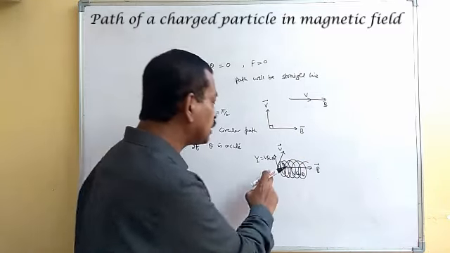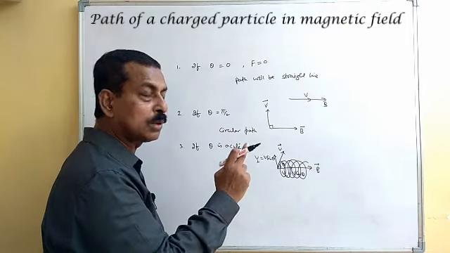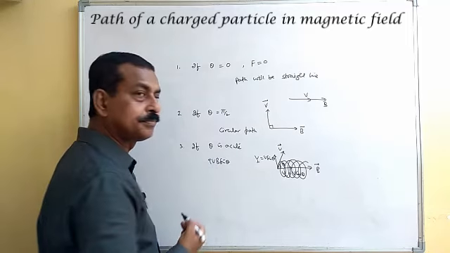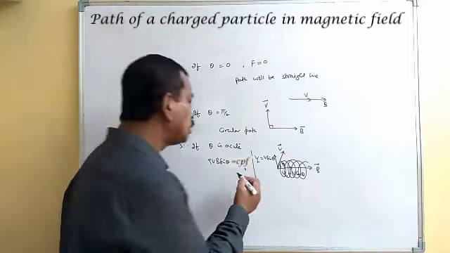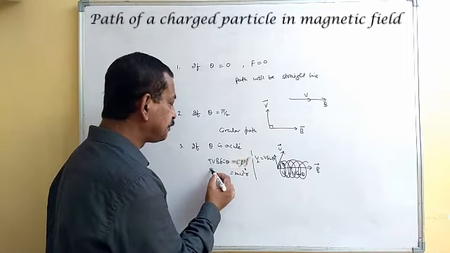So for this, the force which will make it move in the circular path is QVB sin theta, and the centripetal force acting there, or you can use m omega square r, also equals QVB sin theta.